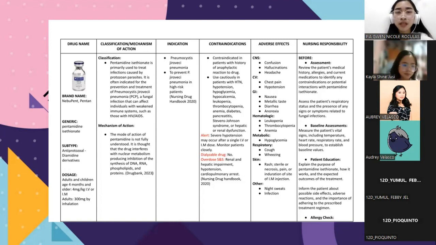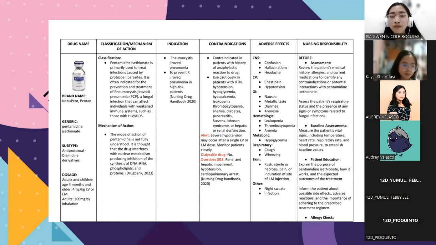Then we have to remember that severe hypotension may occur after a single intravenous or IM or intramuscular dose. So monitor patients closely. And then for dialysable drug, there is no dialysable drug of this. And then overdose, signs: renal and hepatic impairment, hypotension, cardiopulmonary arrest. So this is according to Nursing Drug Handbook 2020.